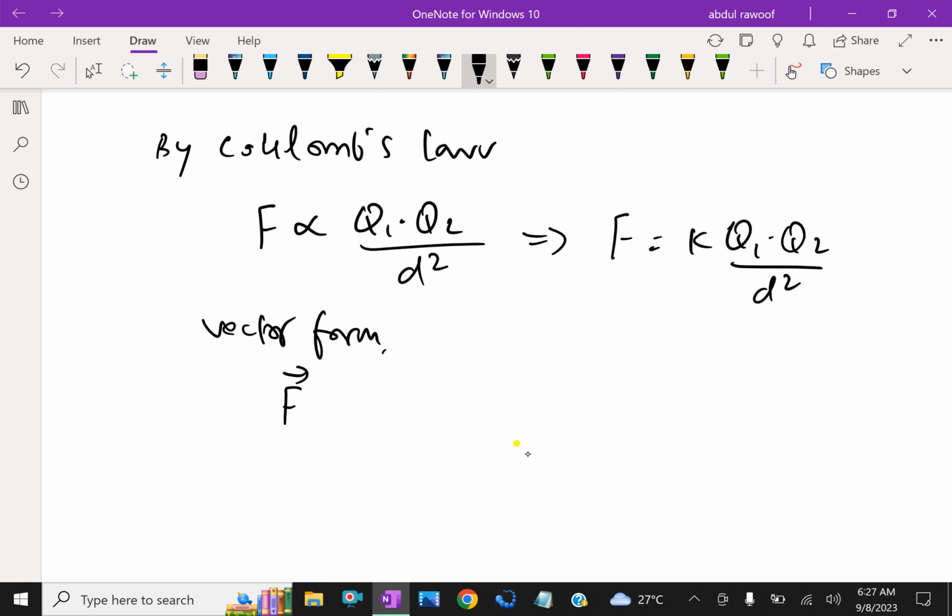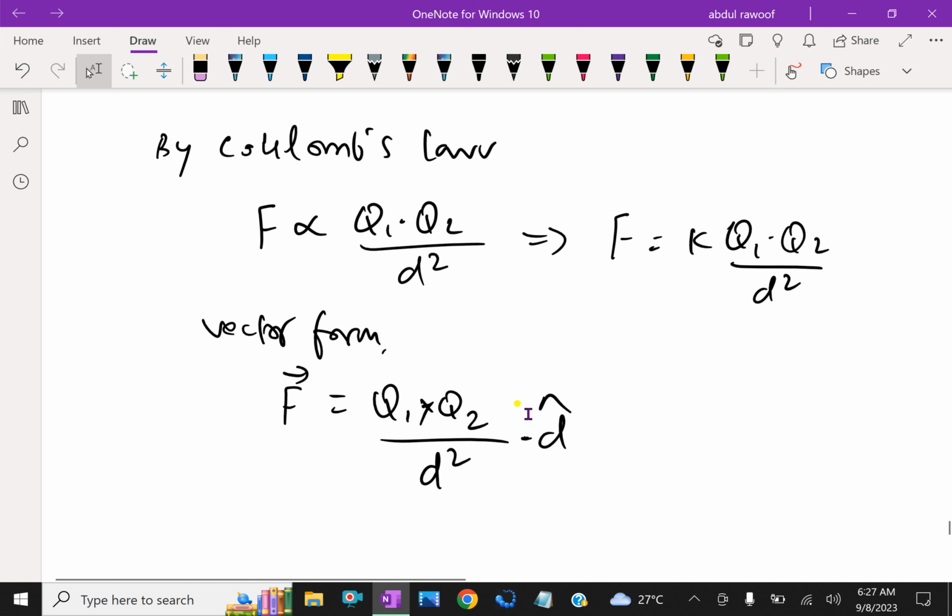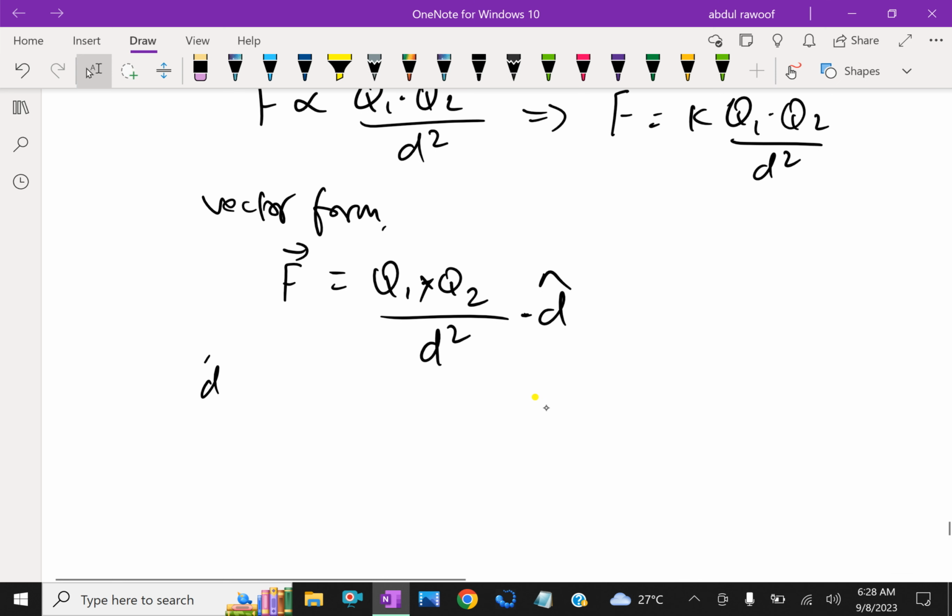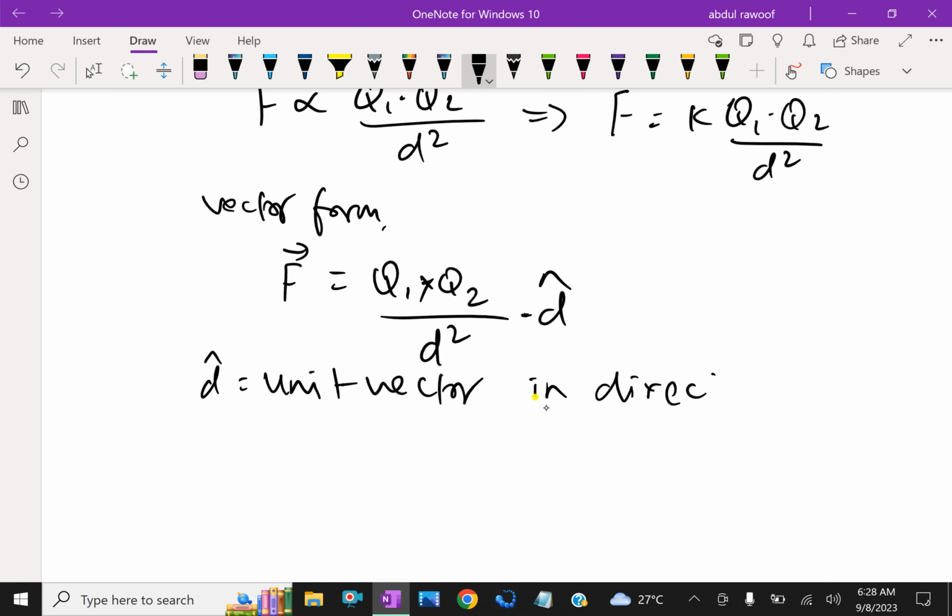Force vector equals q1 into q2 over d square into d cap, where d cap is called the unit vector, that is, a vector having unit length in the direction of the d vector.